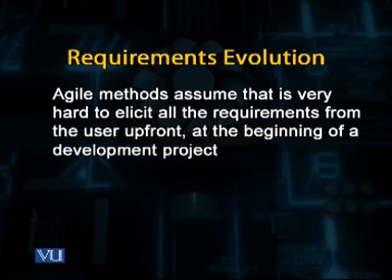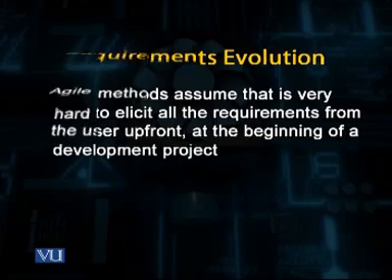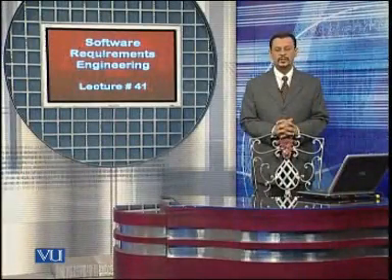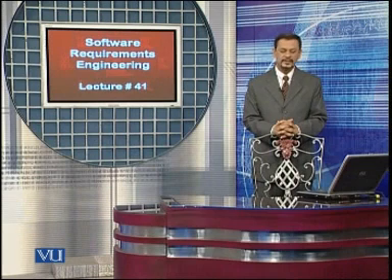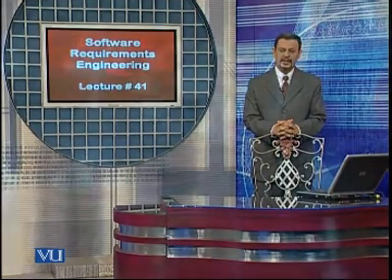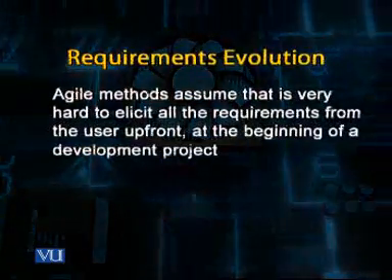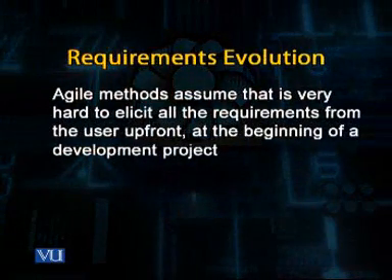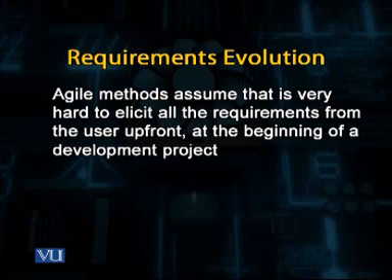In fact, all the traditional methods also assume that it is very difficult to elicit complete requirements at the beginning of the project. So all approaches provide mechanisms to iteratively go back to the customer and gather more requirements, and analyze and negotiate those requirements iteratively.